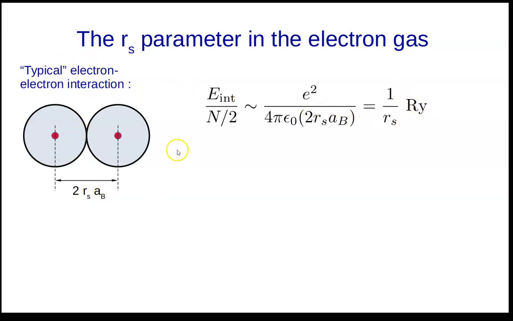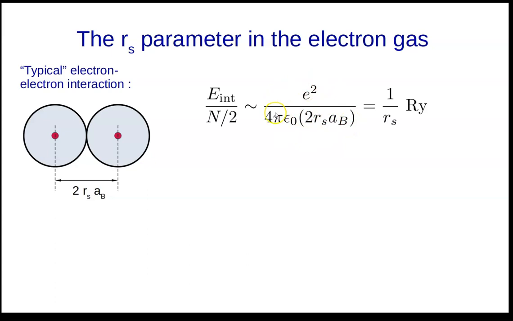If the volume of a single electron is a sphere of radius Rs a_B, you can think that a typical separation between two electrons would be twice that, 2 Rs a_B, and that gives me a repulsion strength between these two electrons of e squared over 4 pi epsilon 0 times this distance 2 Rs a_B.